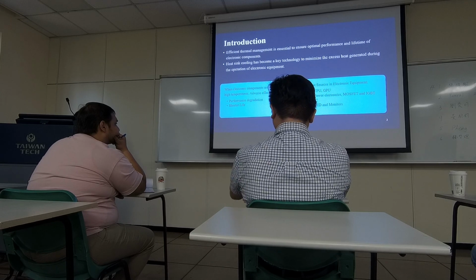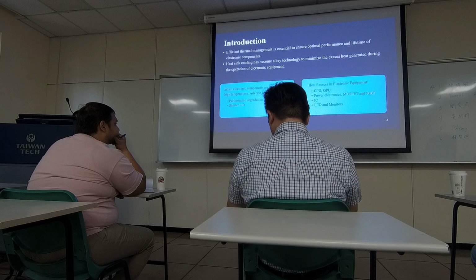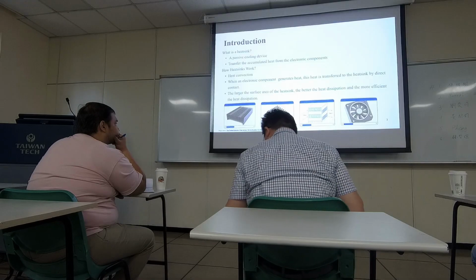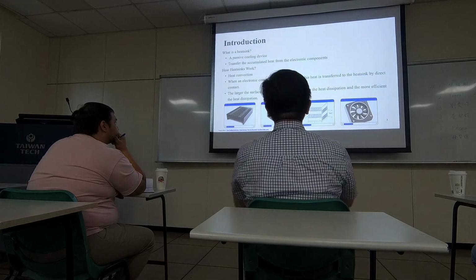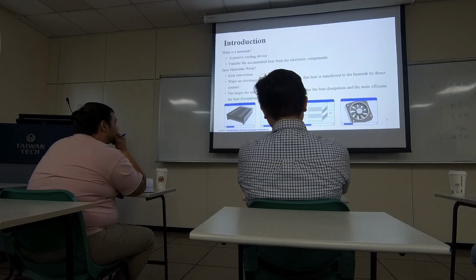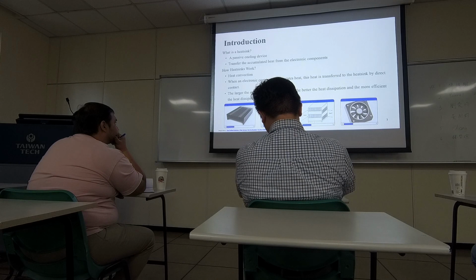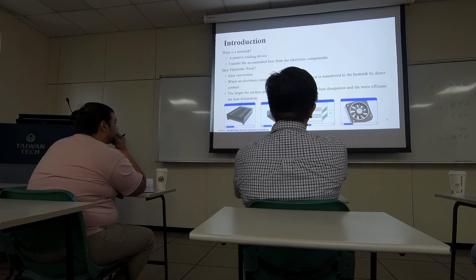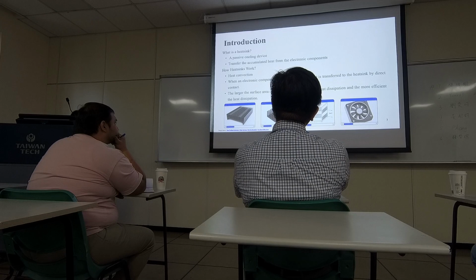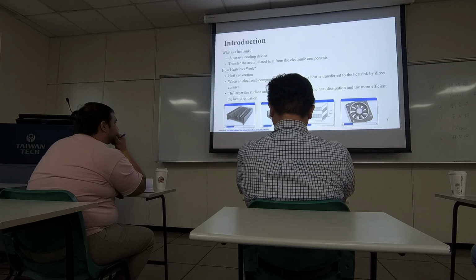Some of the major sources of heat include CPU, GPU, and IC. And what is a heatsink? A heatsink is a passive cooling device. The main purpose is to transfer the accumulated heat from the electronic components to which it is connected and dissipate it into the surrounding environment.